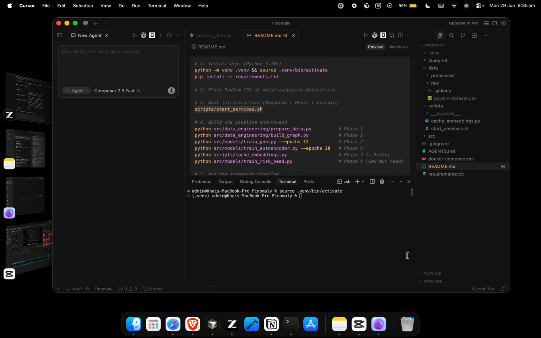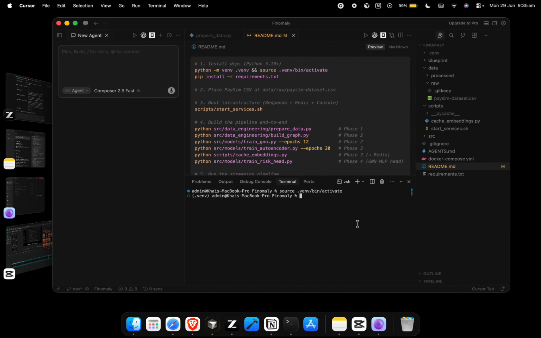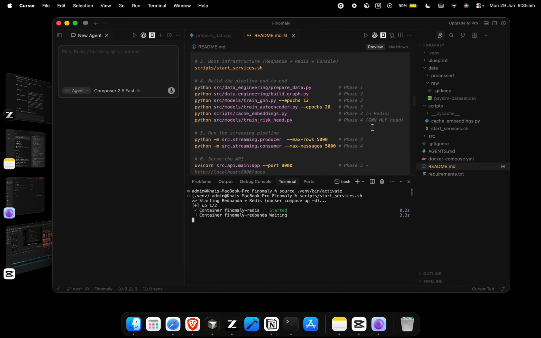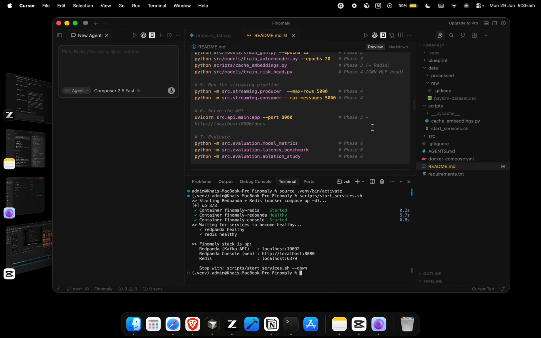You can just follow the steps in the README and you can get up to speed. Okay, then we start up the uvicorn server.